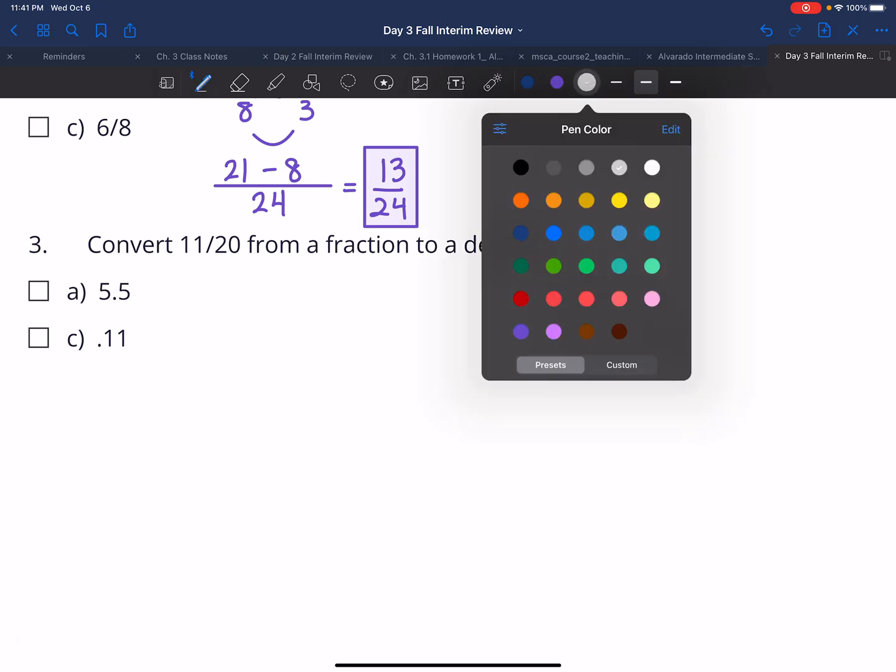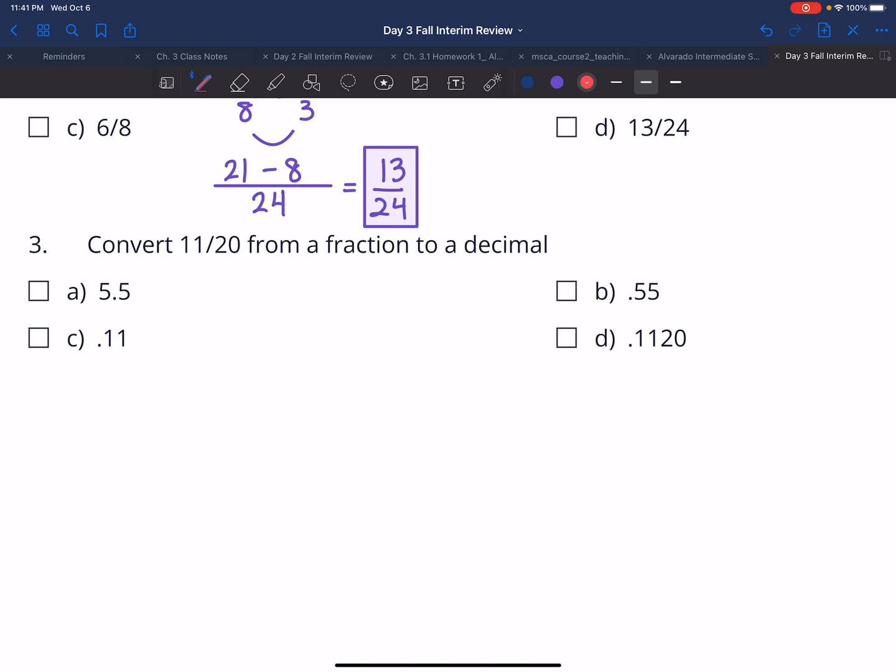Okay, so number 3 tells us that I want to convert 11/20. And I want to go from fraction to decimal, right? Remember the Edpuzzle videos. So I have a couple of methods.